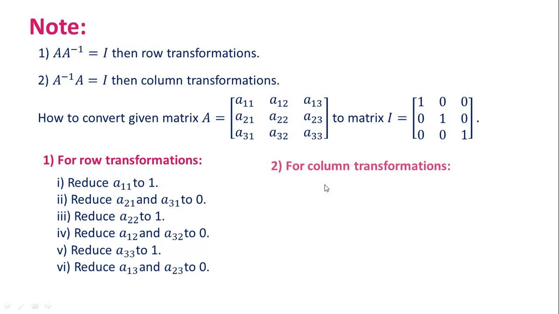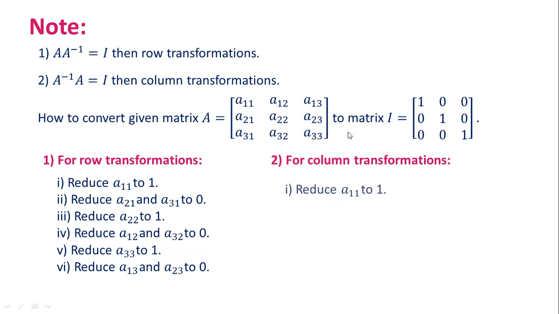Now in case of column transformations, what are the steps that we have to follow to convert again this matrix to this matrix? Because here also we have to convert A into the identity matrix. So first of all, in this case also we have to reduce A11 to 1. Again here, A11 to 1.